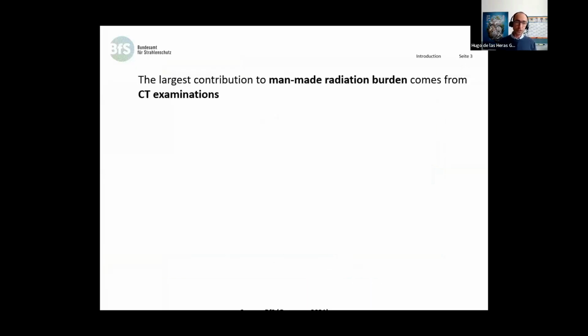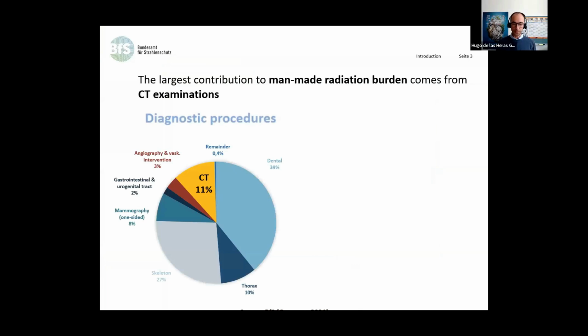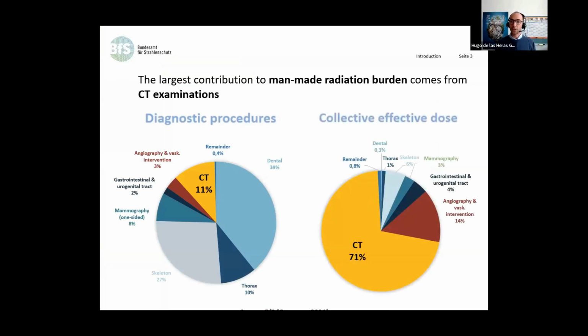The largest contribution to man-made radiation burden comes indeed from CT examinations. This is the data we have in Germany from 2021. 11% of the diagnostic procedures are CTs, but they made up 71% of the collective effective dose, which means something like 1.5 millisievert per year delivered to the population in Germany from CT.